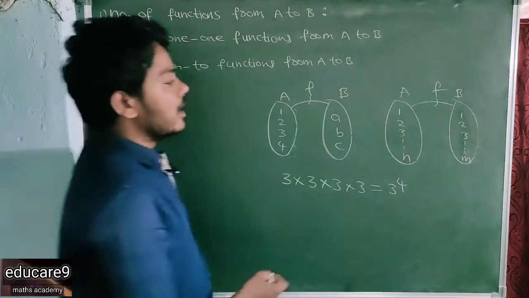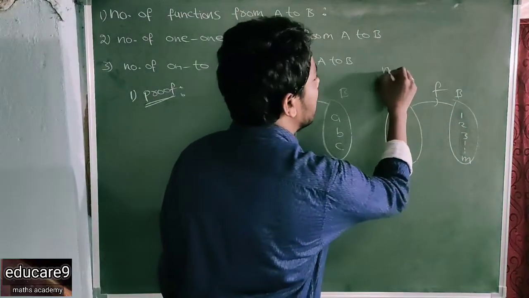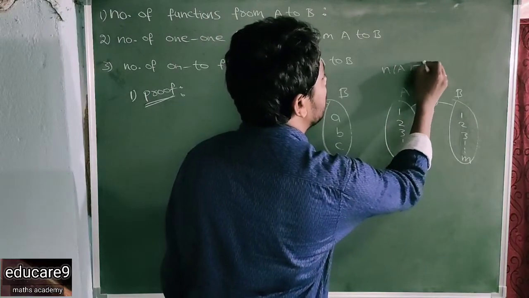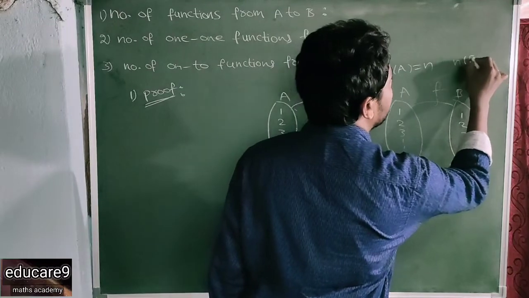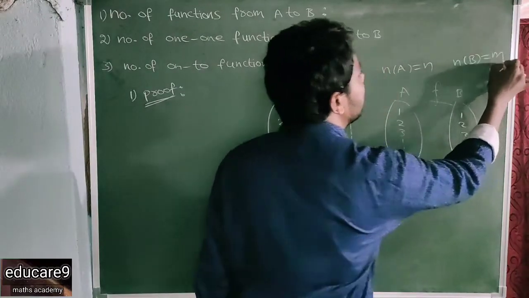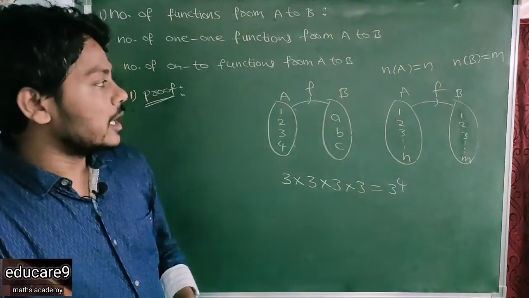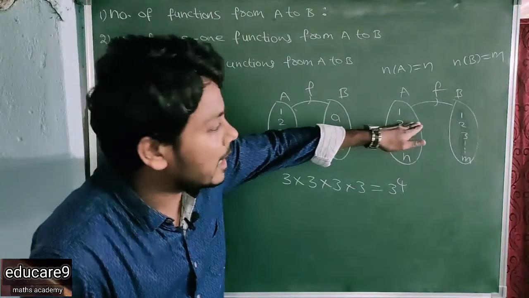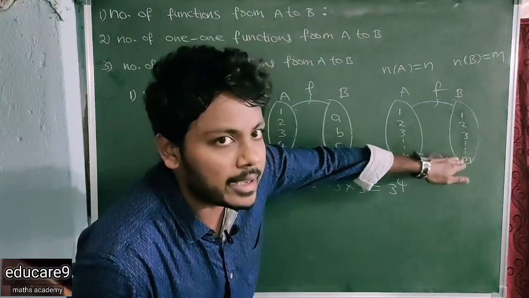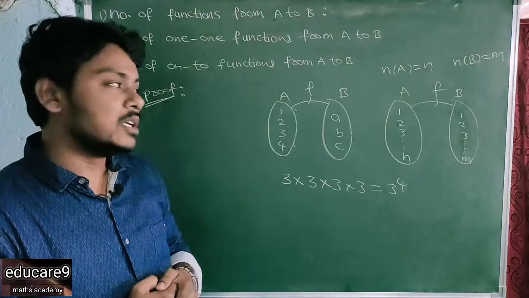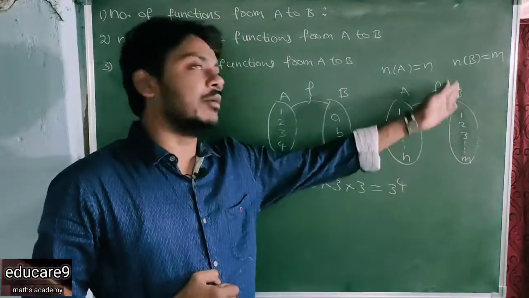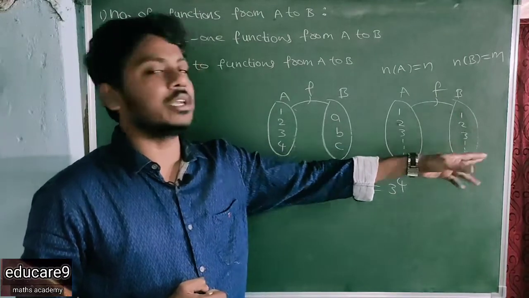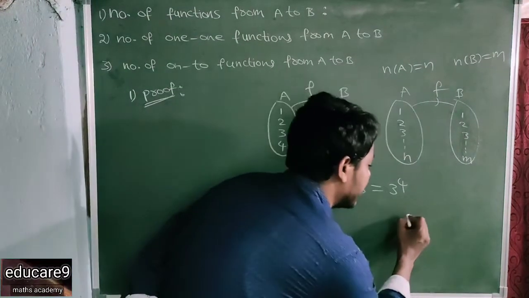See here, 1 is mapped to either 1 or 2 or 3 and so on, m. So clearly 1 is mapped to total m possibilities.